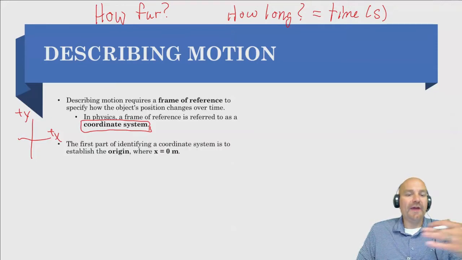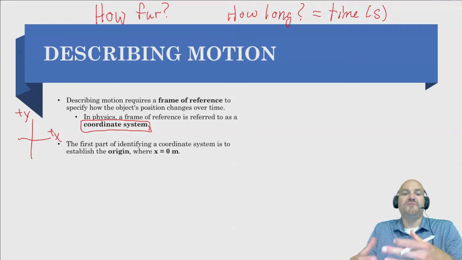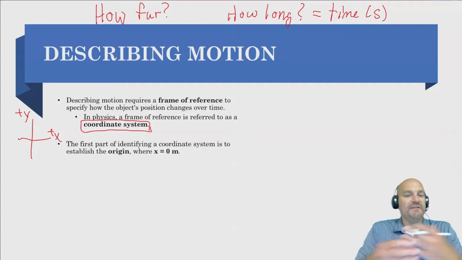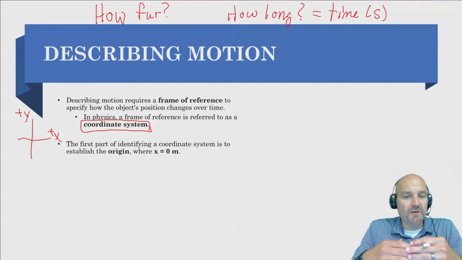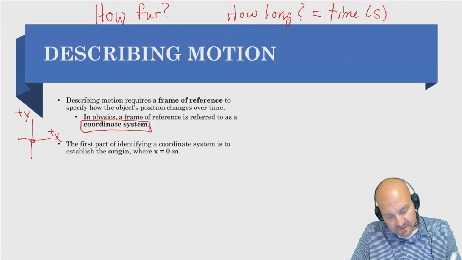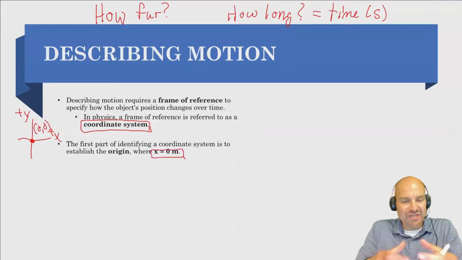But our x is no longer going to be defined as x, and our y is no longer going to be defined as y. We're going to give them different kinds of names. The first part of identifying a coordinate system is to establish the origin. In math, it's that point (0, 0). For us in physics, it's when our position equals 0 meters.